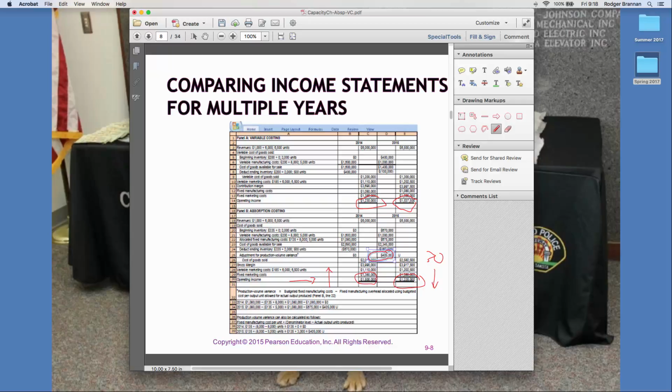Well, why? Well, two things. One, in 2016, I'm required to recognize all of the manufacturing overhead. And so I have not only what was sold, but I also have this volume variance that has to be added in there.